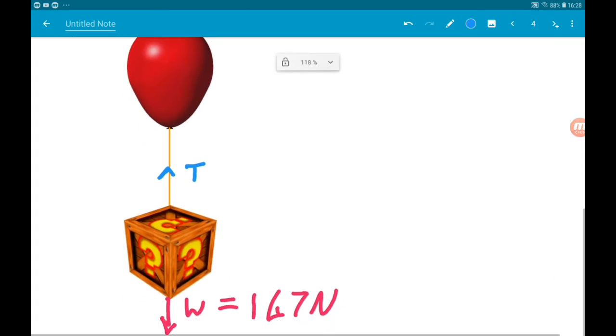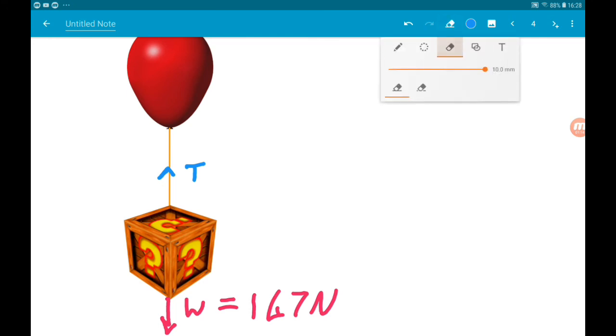Okay, so what do we know then? Well, we know the weight acting down is still 147 newtons. Now we know tension is pulling us upward, so that's 140 newtons. Now, because we don't know which way the box is moving, we don't know which way air resistance is pushing.